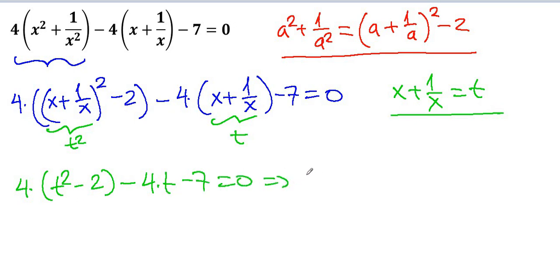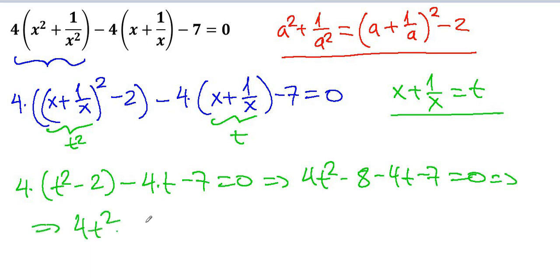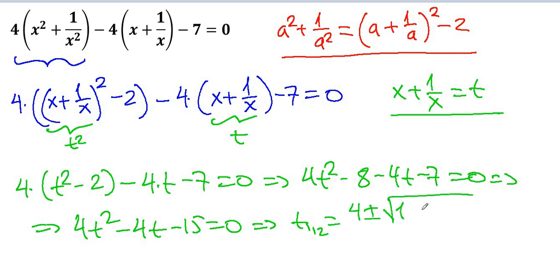The left-hand side is equivalent to 4t squared minus 8 minus 4t minus 7 is equal to 0. And this equation is equivalent to 4t squared minus 4t, and minus 8 minus 7 gives us minus 15, is equal to 0. As you can see, we have a basic quadratic equation where we have to use the discriminant to find the roots. t1,2 is equal to 4 plus minus square root of 16 plus 240, divided by 8, which is equal to 4 plus minus, we see that the square root of 256 gives us simply 16, divided by 8.